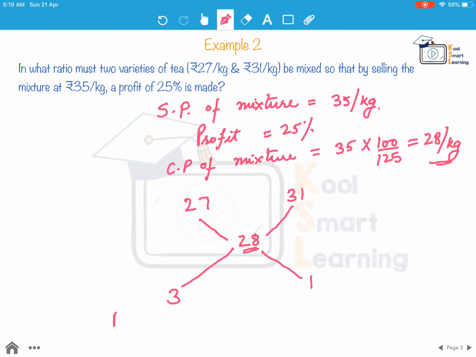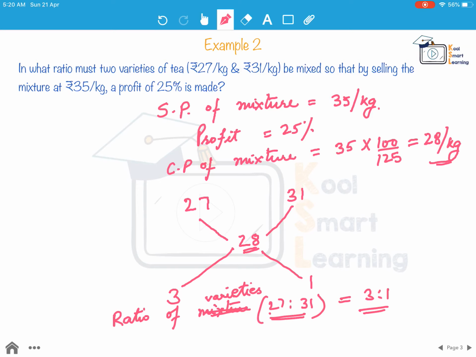So the ratio of mixing 27 to 31, the ratio of varieties to be added to the mixture, is 3:1. So this is the ratio in which the two varieties should be mixed so that we get the new mixed variety at 28 per kg, and hence by selling it at 35 we make a profit of 25%.